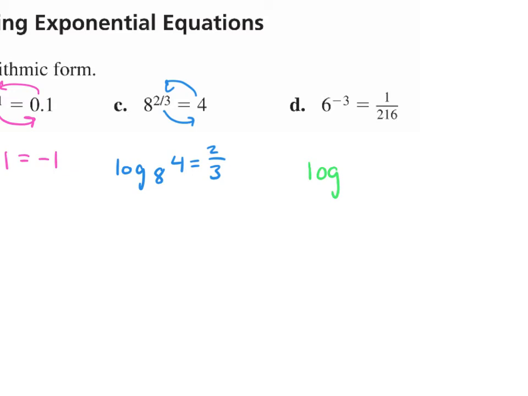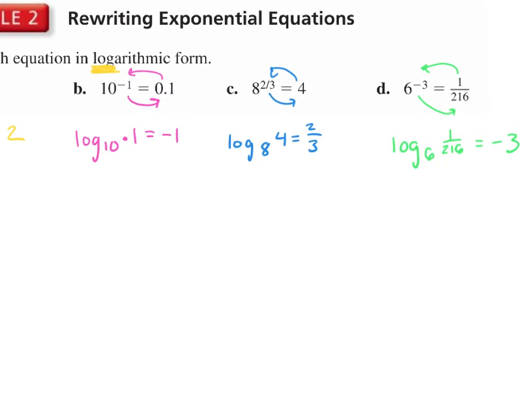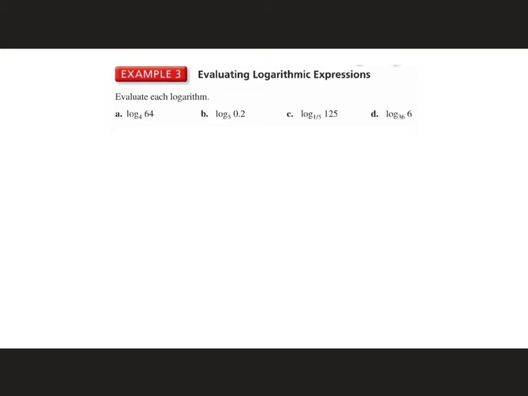What's our base? 6 of, look, 1 over 216. And then what's that equal to? -3. Any questions here? All right, for the next example, example 3, we are evaluating our logarithmic expressions.